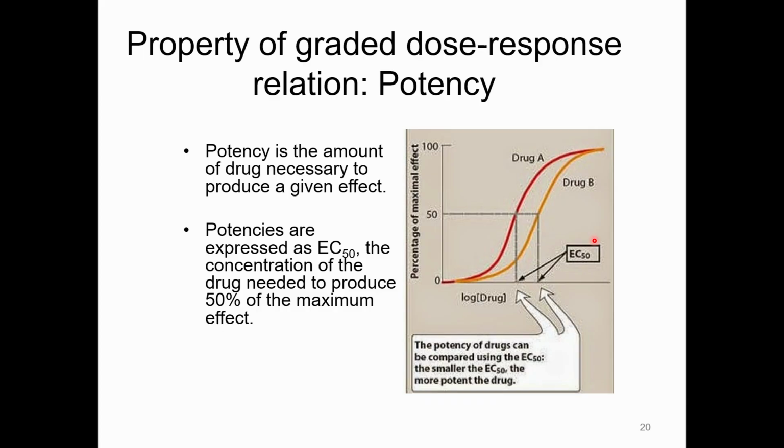They both get up to 100, right? So they both have similar efficacy. So both drugs could give you a great treatment effect because they go up to 100. But here you have to add less drug A than drug B in order to get on the road to higher efficacies, right? So these drugs differ in their potency, but they have the same efficacy. Make sense?